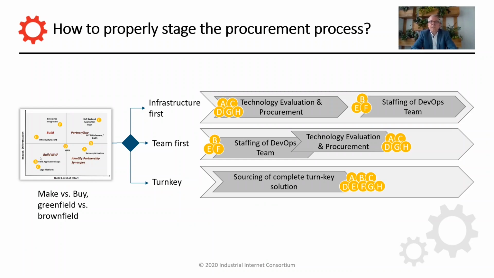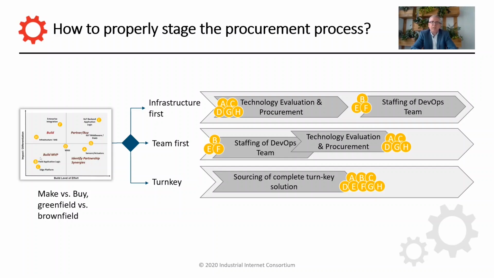Another thing that's really important is to answer the question, how do you properly stage the procurement process, especially if you're not looking at a turnkey solution? So this will heavily depend on the make versus buy discussion that we just had. It will also heavily depend on whether this is a greenfield versus a brownfield project.